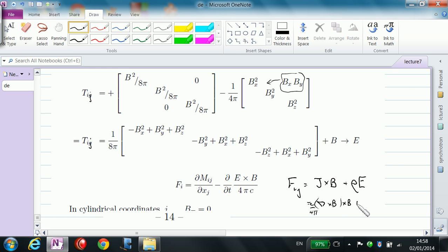And rho is the divergence of E times E. Sorry, there should be a C here, so there's no C over here.